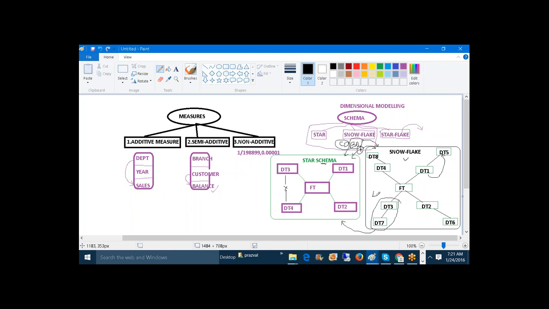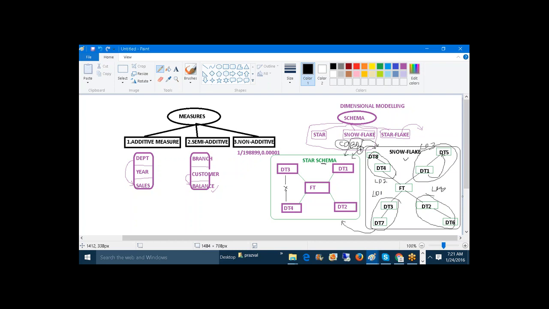Just group these physical dimensions into one single dimension known as LD1, one logical dimension. And group these physical dimensions into LD2, and group these two dimensions into LD3. And similarly group the remaining two dimensions into LD4. A logical dimension is nothing but grouping with the help of a select statement.